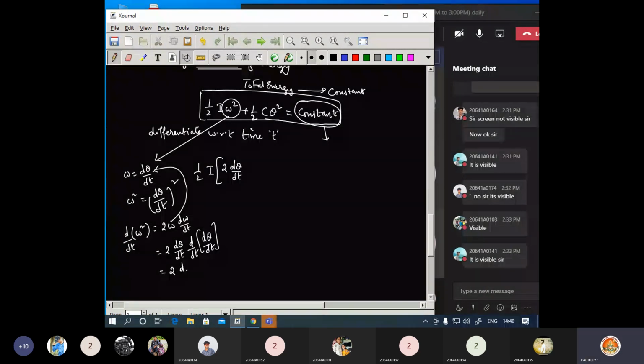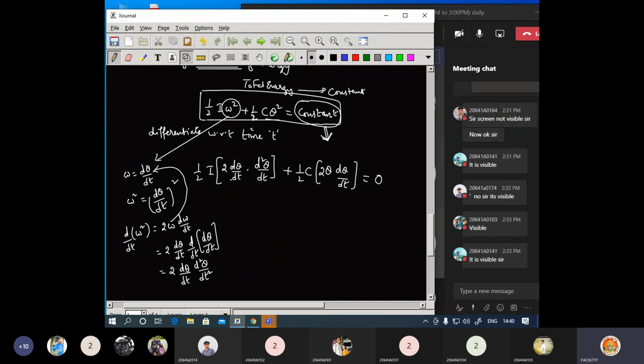It will be 2 into dt here, and here this will be d²θ/dt². Now the same thing here, d²θ/dt² plus half c, and here you are going to get 2θ dθ/dt. This will be equal to 0, because the differentiation of a constant will give 0 here.